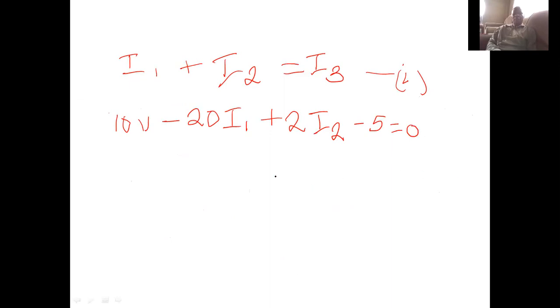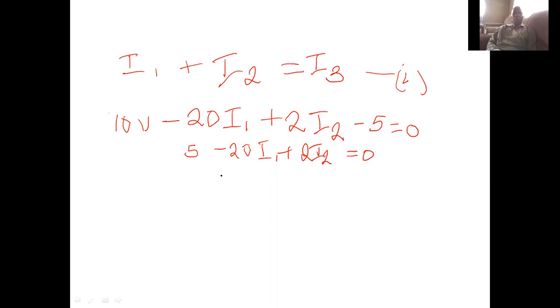We can simplify this equation. 10 minus 5, actually it is 5, minus 20i1 plus 2i2, which is equal to 0.